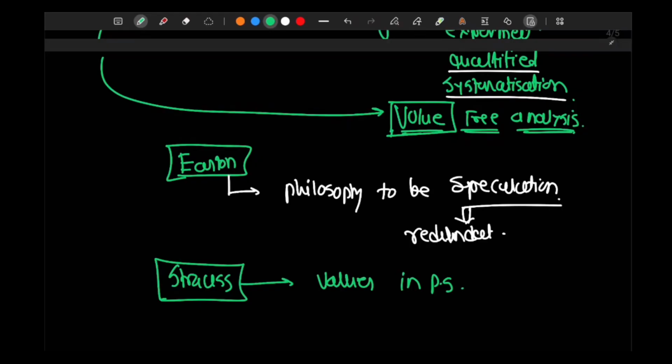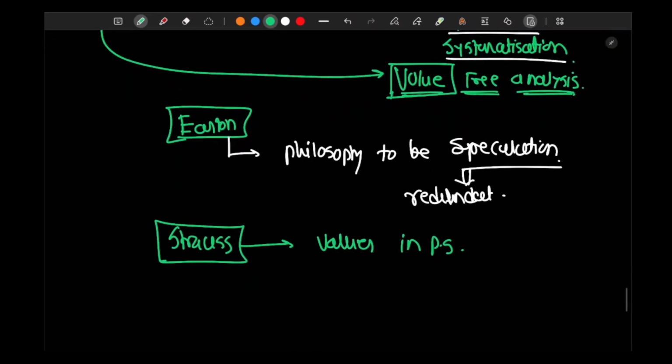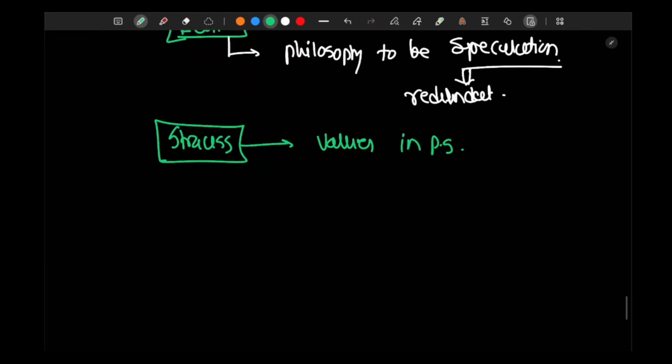Everyone who is very idealistic, you can write under this topic. I have mentioned Socrates, Plato, Aristotle, Rawls, and Leo Strauss. All of them are very much related to values and norms.